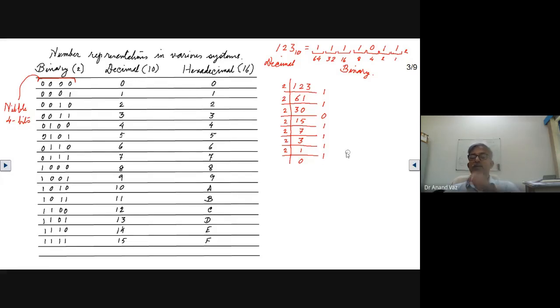Remainder is 1. So now you have all these remainders over here, and you arrange these remainders in a particular fashion. Place this 1 here, and arrange this 1 next to it. Then this 0 next to it. And these 4 ones.